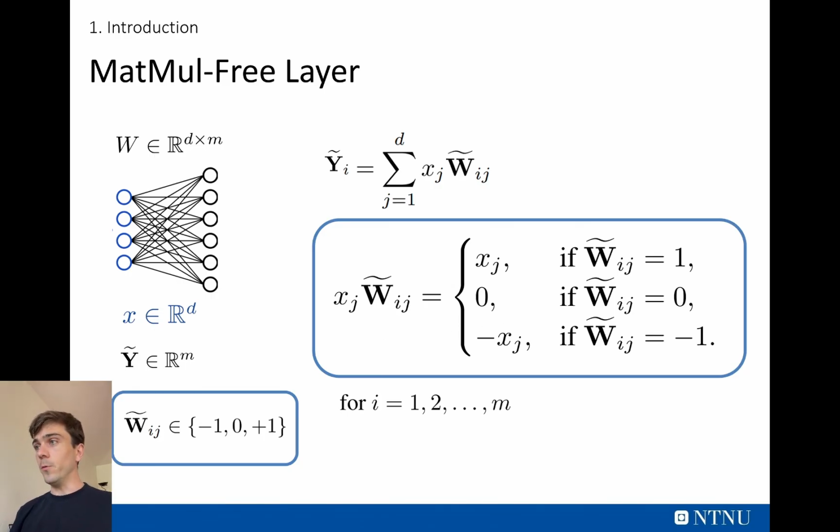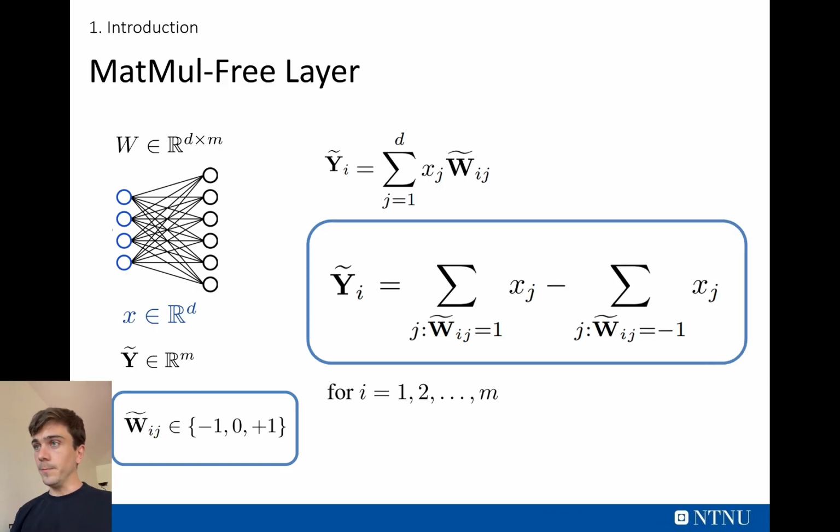If the value of the weight is 1, the output is going to be the same as the input. If the value of the weight is 0, the output for that is going to be 0. And if the value of W is -1, then it's -x. So in this way, we can compute the output by a series of additions and subtractions without having to use multiplications.